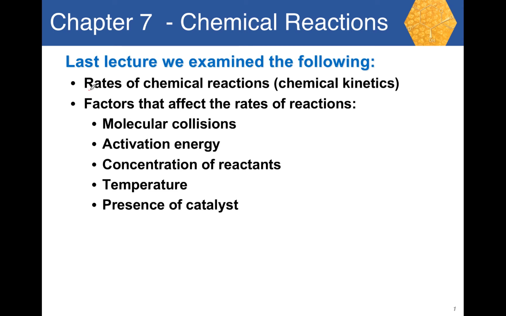We looked at the rates of chemical reactions, which means, is a reaction very fast or is a reaction very slow? In chemistry, we use the term kinetics to describe the rates of reaction. So that's the chemical term that's used to describe rates of reactions.